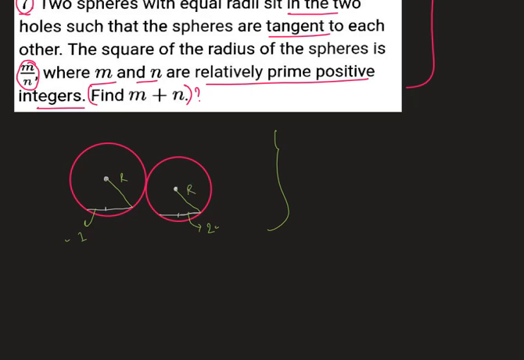Now if we draw the perpendicular bisector of the chord, that is this, through the circle, this line goes through the center.